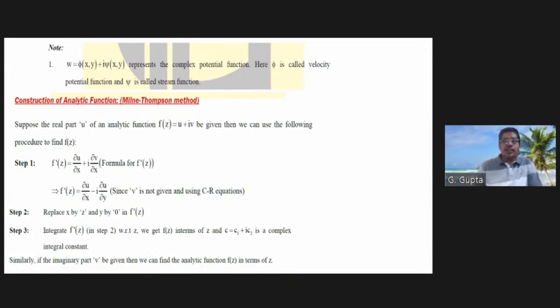It is a technical oriented topic, complex potential function. Previously it was an analytic function mathematically. So here phi is called velocity function and psi is called stream function. Just like previously, phi is the real part, psi is the imaginary part. Later I will discuss construction of analytic function after doing 1 or 2 examples.